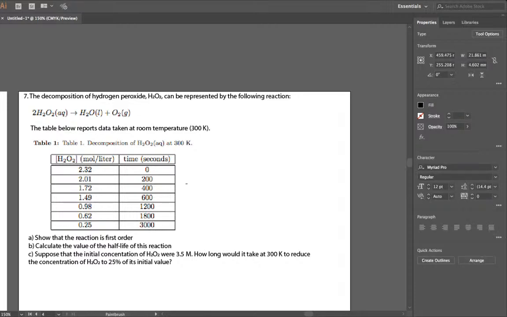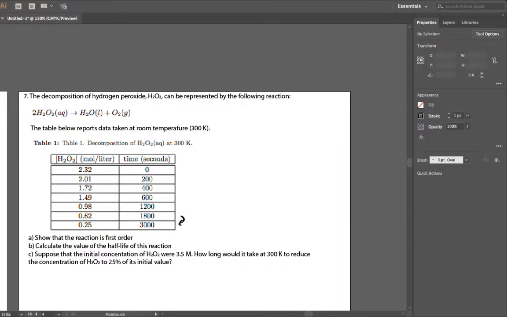So I need to try to find one that would be effective. I guess these two can be used. You need to remember that this here is time, and time is basically 1 over the rate. T equals 1 over the rate.